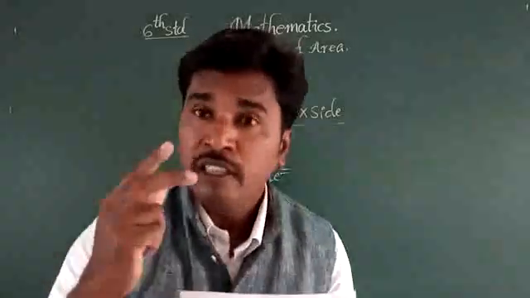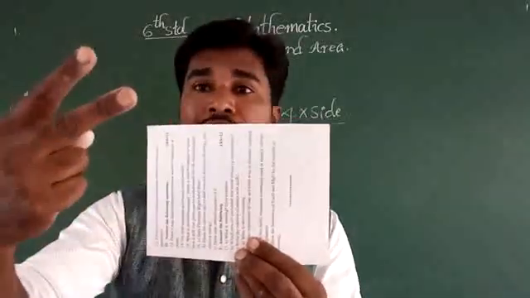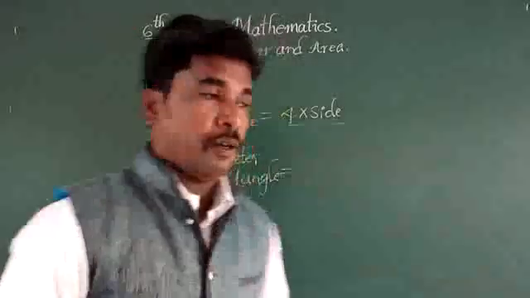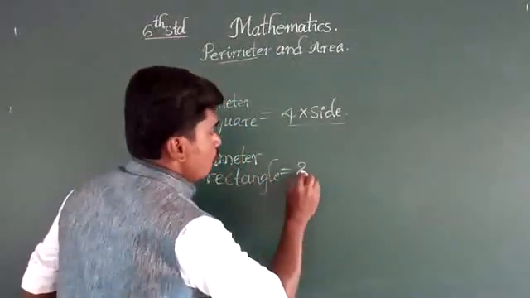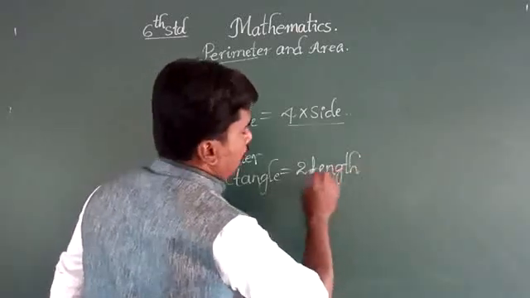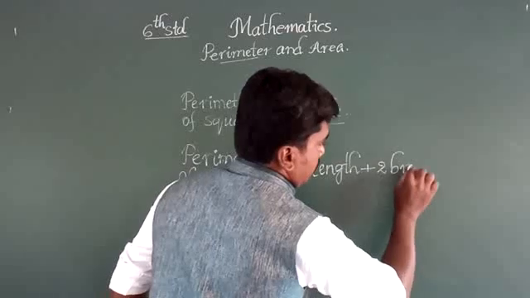That means there are two lengths and two breadths. This is length and this is also length. This is breadth, and this is also breadth. So 2 times length plus 2 times breadth.